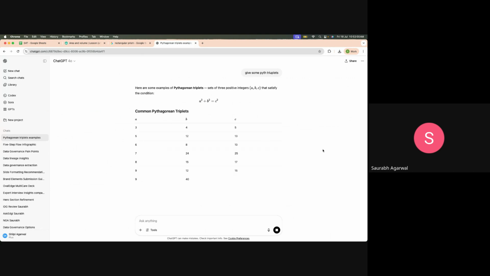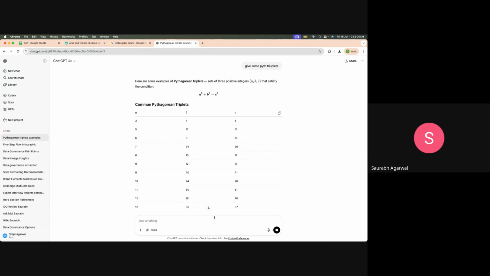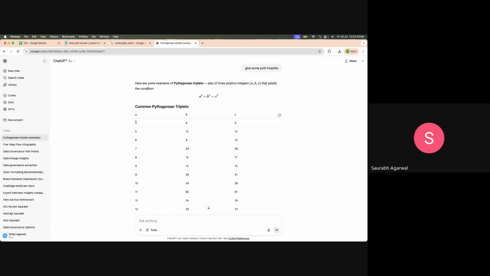See this table, it's amazing. A lot of these will be just multiples of 3, so I will ask to remove those which are in multiples of 3. Because obviously, if you see here, this is 3 times 2, 6; 4 times 2, 8; 5 times 2, 10.